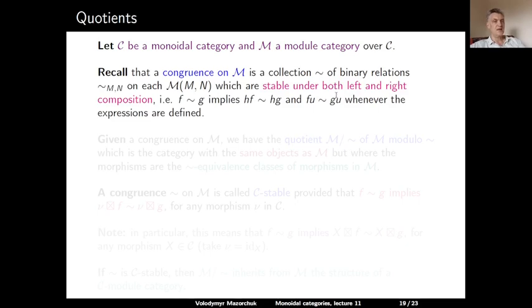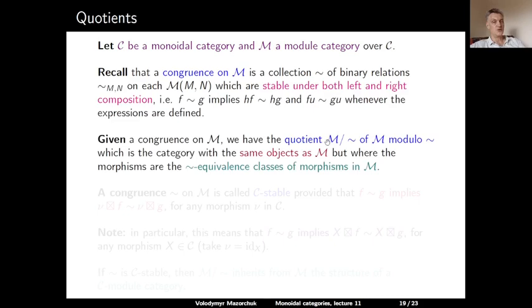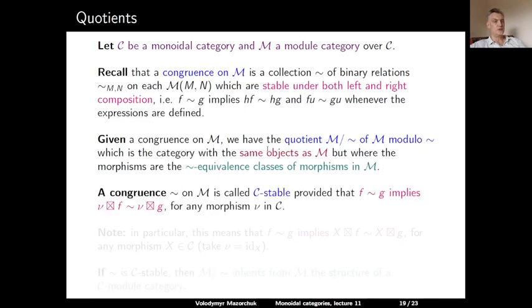Given a congruence on M, we have the quotient of M modulo this congruence, which is the category which has the same objects as M, but where the morphisms are exactly the equivalence classes of morphisms in M with respect to our congruence. A congruence on M is called C-stable, provided that for any F and G, if F is equivalent to G, then acting on F by some morphism nu in C gives a morphism which is equivalent to the morphism obtained from G by acting on G via nu.